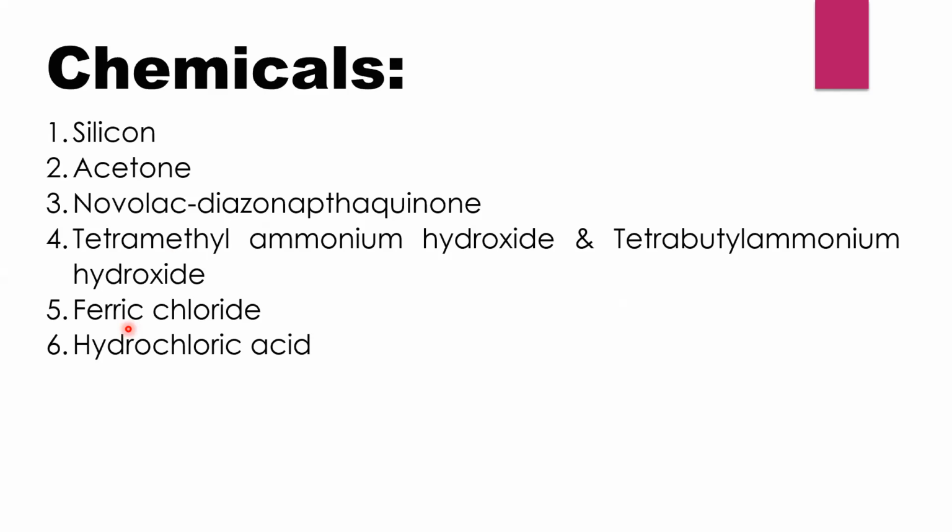So this is about the chemicals required and the role of each chemical in this experiment. Now let us talk about the equipment and the role of each equipment required for this experiment.